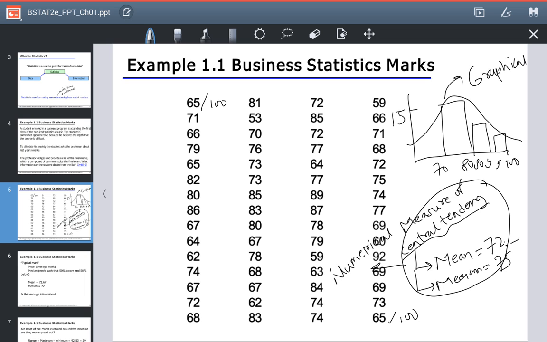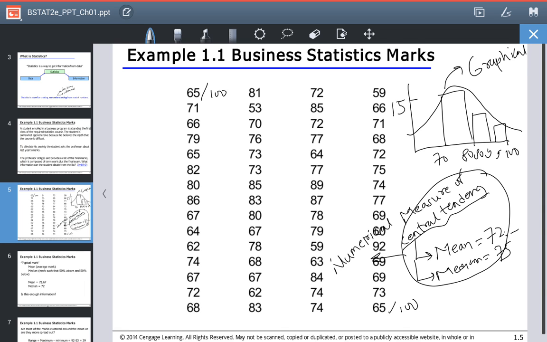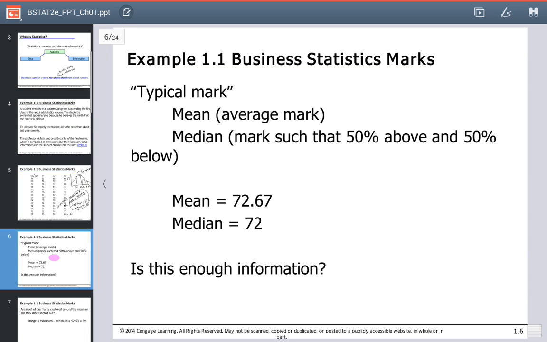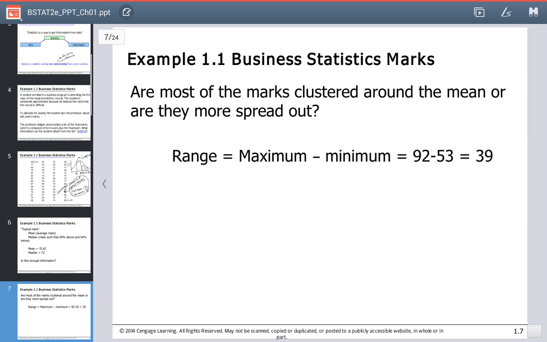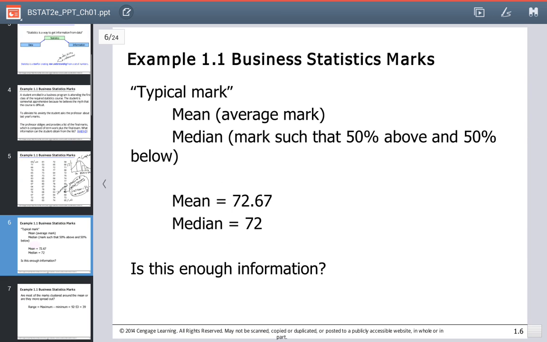If you look at the slides, one way to summarize the data is using the mean or median, and now this information might not be sufficient. So this is a measure of central tendency. We'll talk about that in chapter 3.